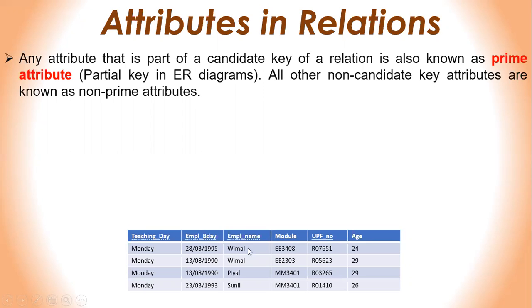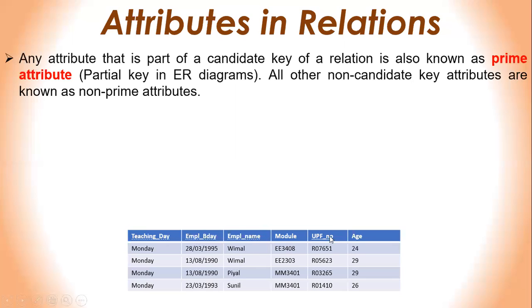Tuples are records, different records for each instance of this table. For example, if you take these three values together, this row is different to this row. These three values are not repeated. If you compare this also, in each of the rows, they are not repeated. That means if you take one attribute, they can be repeated, but if you take these three attributes together, those things cannot be duplicated.